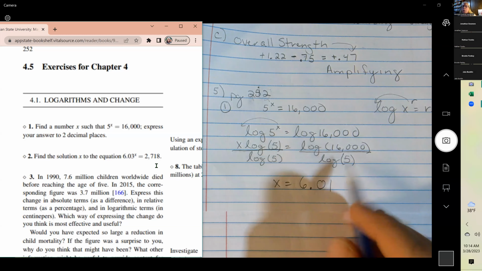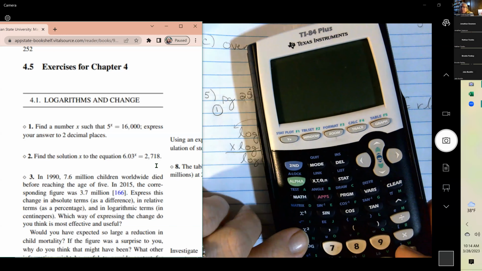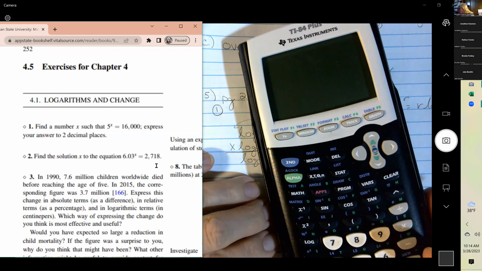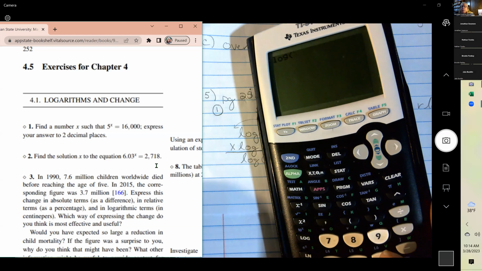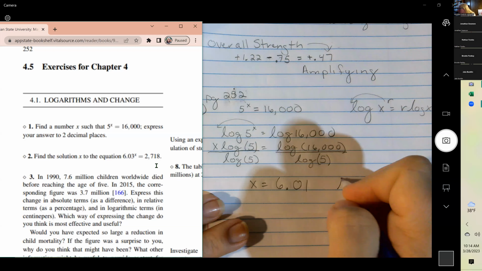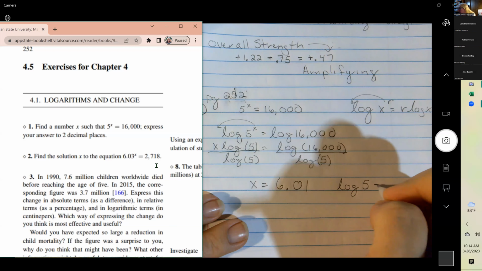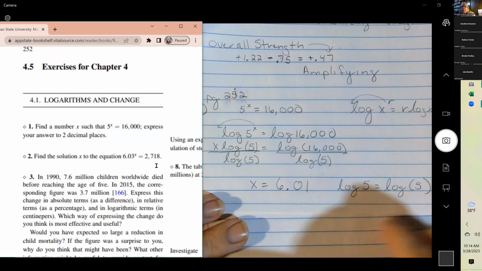But when you hit the log button, it should already put one of the parentheses. Whoops, I missed one. And you have to put the other one. But log of 5 and the log with parentheses will be the exact same answer.